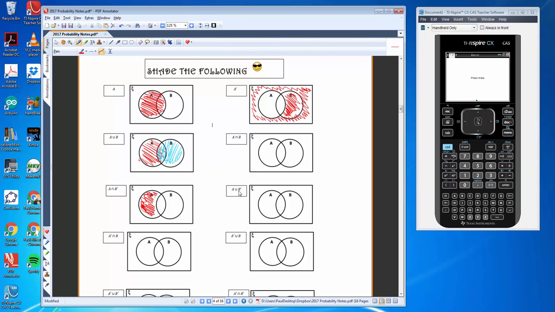Alright, A union not B. So let's shade A. And not B. Not B means A only, and the outside part. So we did something very similar just over to the left there.